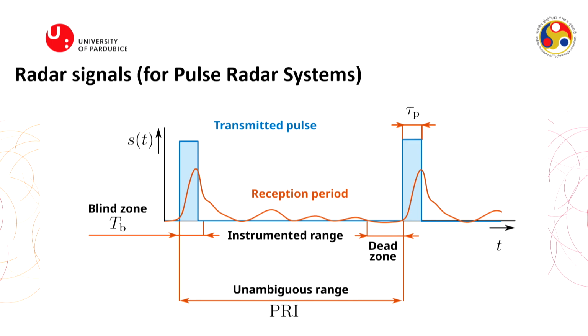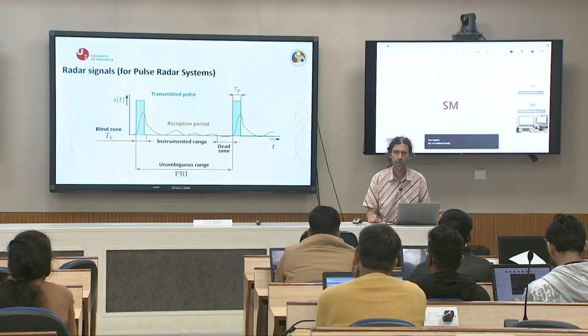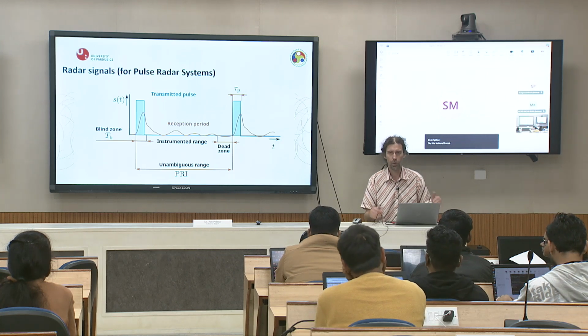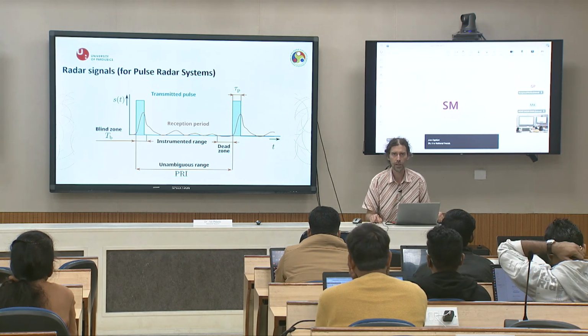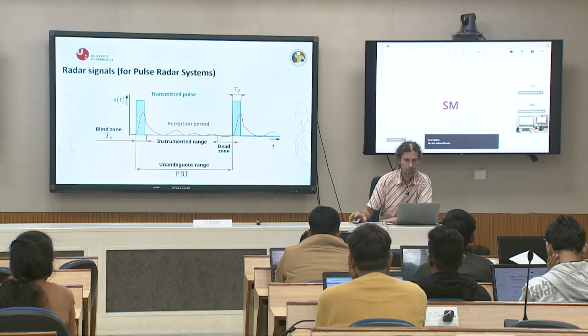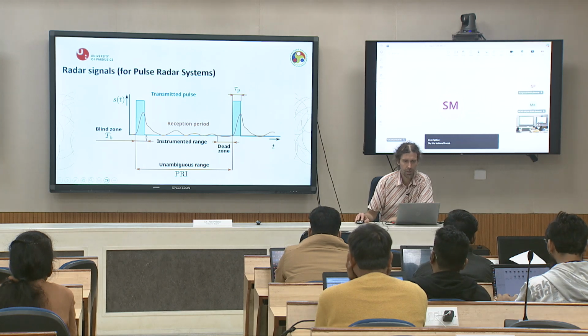So we are sending multiple PRIs, for example 1000, and then in slow time we compute the spectra, which is 1000 frequency lines, because we have 1000 samples.